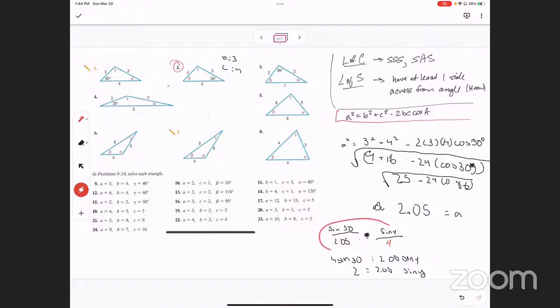Do you see how with this problem you could almost do it in your head? I think you're probably pretty good at this. Take this 4 and put it here, and then get rid of that sine by doing the sine inverse. Yeah, but I'm going to do this anyway just to make sure, because I've already written it out.